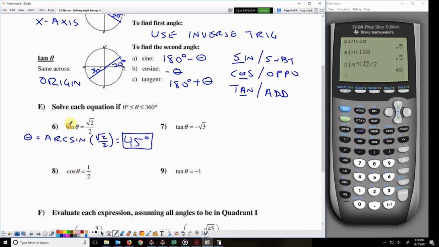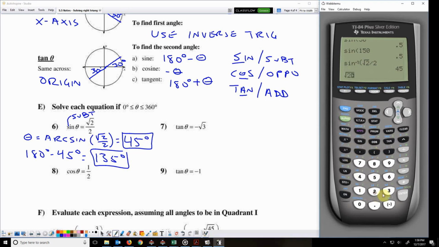So sine has an S for subtract. 180 minus 45 is 135. That's my second angle. Here's how I can check that. First of all, I need to see what decimal I'm looking for, and I do that by square root of 2 divided by 2.